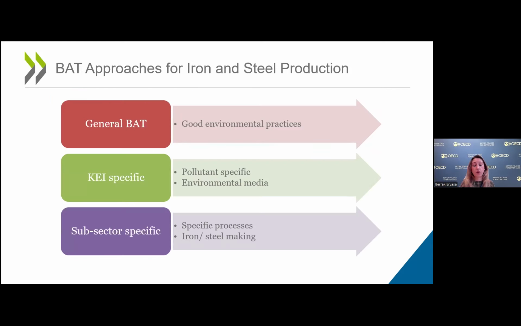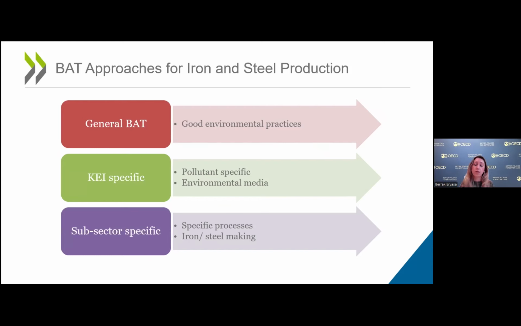As for how we screened out the BAT approaches for this sector, considering that there are diversities within the sectors, we divided them into three main components. First, we collected and compared the general BATs, which are essentially good environmental practices mentioned within the BREF documents, regardless of sector. So these are good practices that are deemed important for all of the sectors.